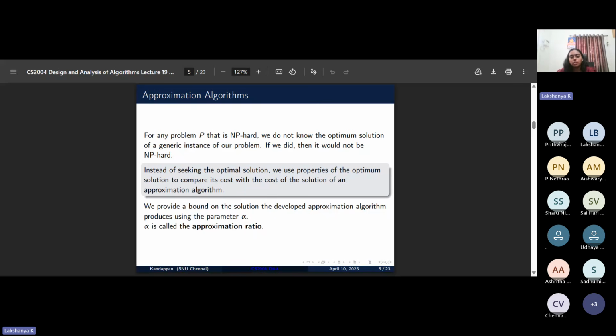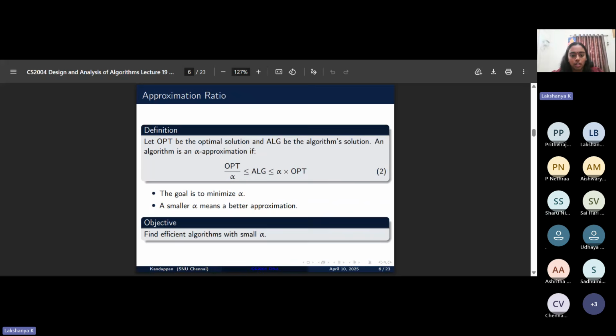The whole idea of using an approximation algorithm is that when you cannot find the actual solution, you give a rough estimate and say this is close enough. So how close? What is the deviation expected, or what is a reasonable deviation between your solution and the actual solution? Measuring that is the approximation ratio.